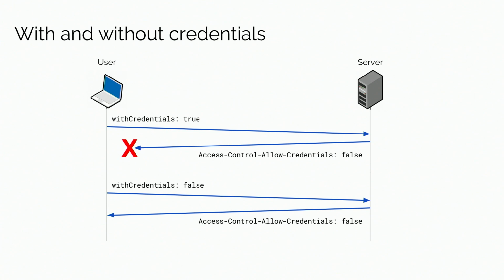And if it doesn't say it wanted them, or it explicitly says that it didn't want them, then the browser will not allow the page to read the response. And what this means is that essentially all URLs are now subject to an additional flag, which is, are you requesting them with or without credentials? So some feel that this kind of dilutes the value of the URL as an identifier for resources on the internet. And I think this is quite an interesting aspect of the evolution of fetch and HTTP.